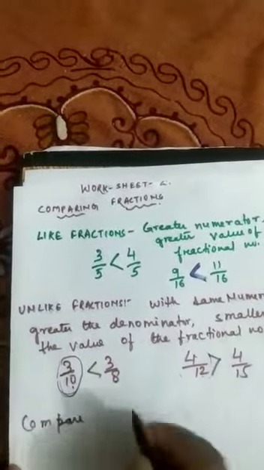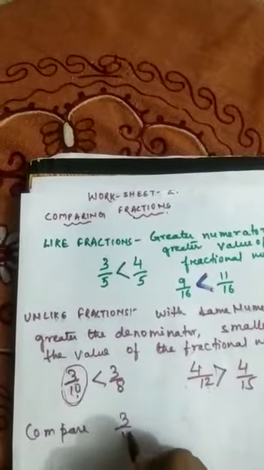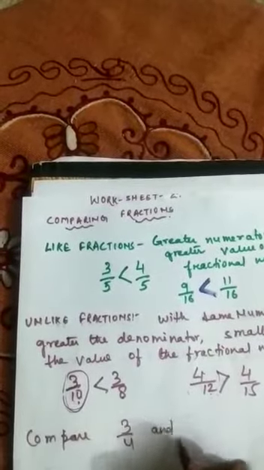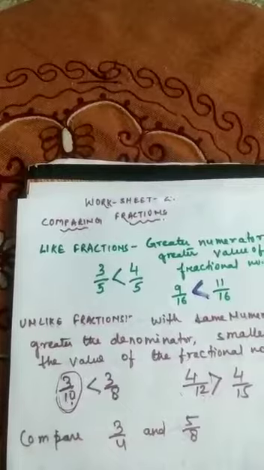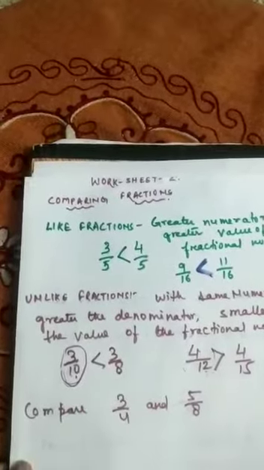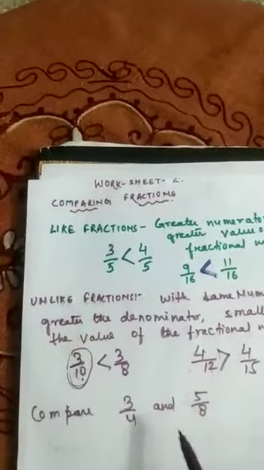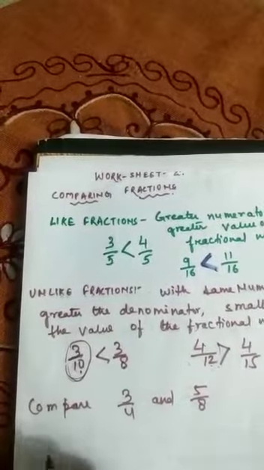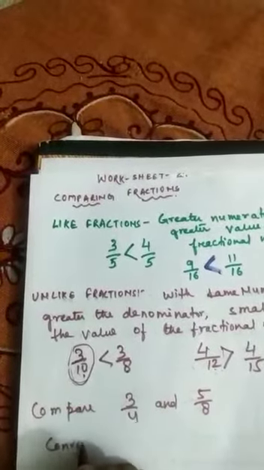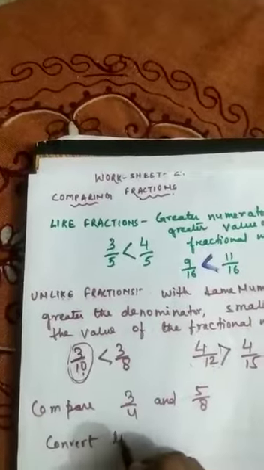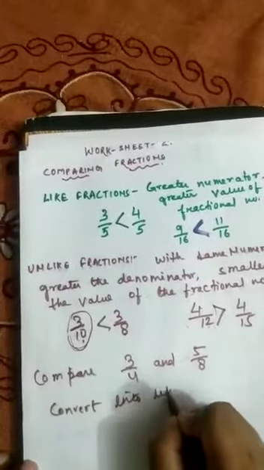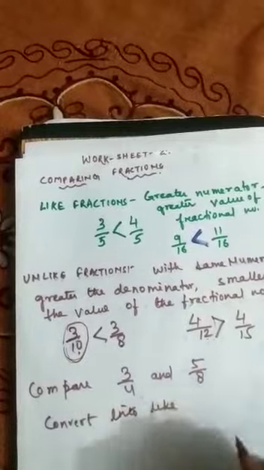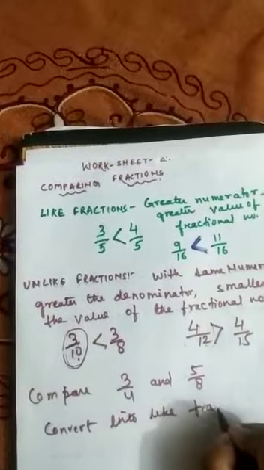Okay. Now let us compare the unlike fractions 3 by 4 and 5 by 8. Right, children? Whenever we are comparing unlike fractions, as the first step we have to convert them into like fractions.